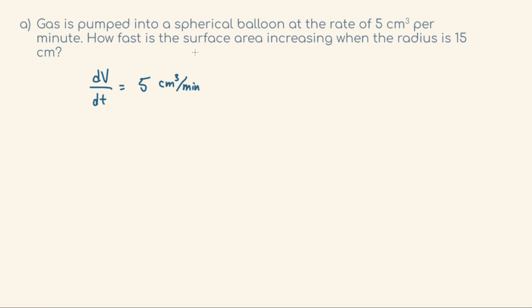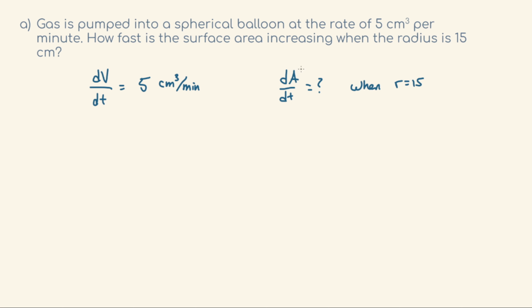Now, we're also looking for how fast the surface area of the spherical balloon is increasing. So we're looking for dA over dt. Okay, we don't know what that is, when the radius is equal to 15. So let's think about this. Do we know a formula which ties these variables, this V, this A, and this r together?